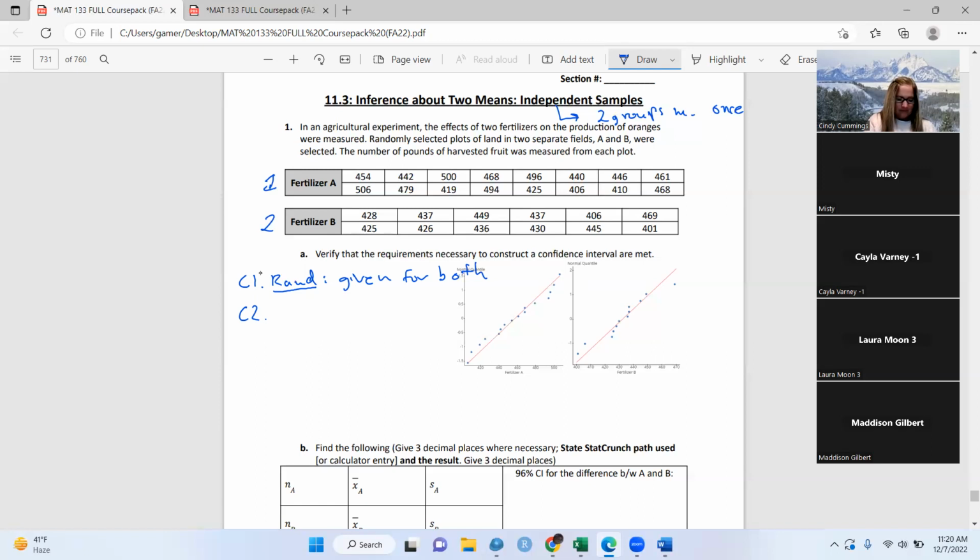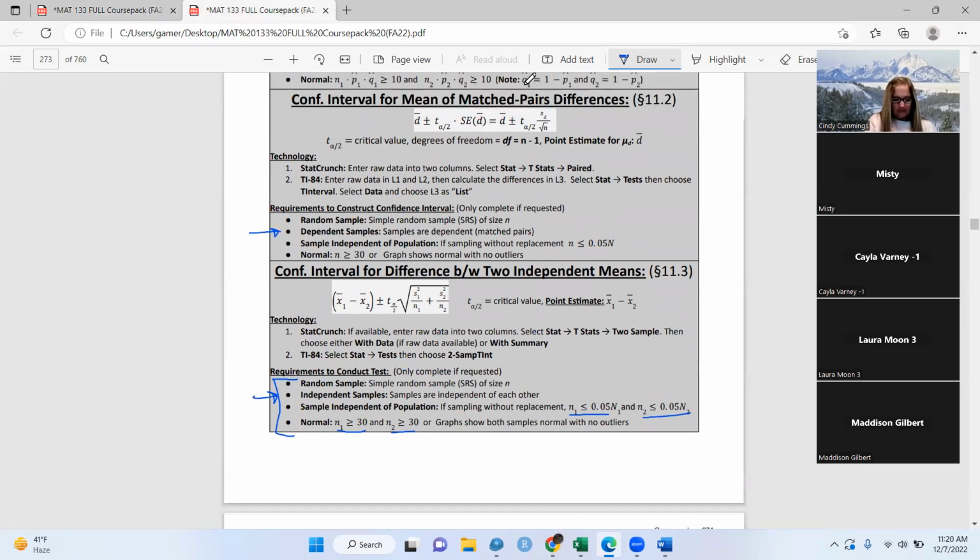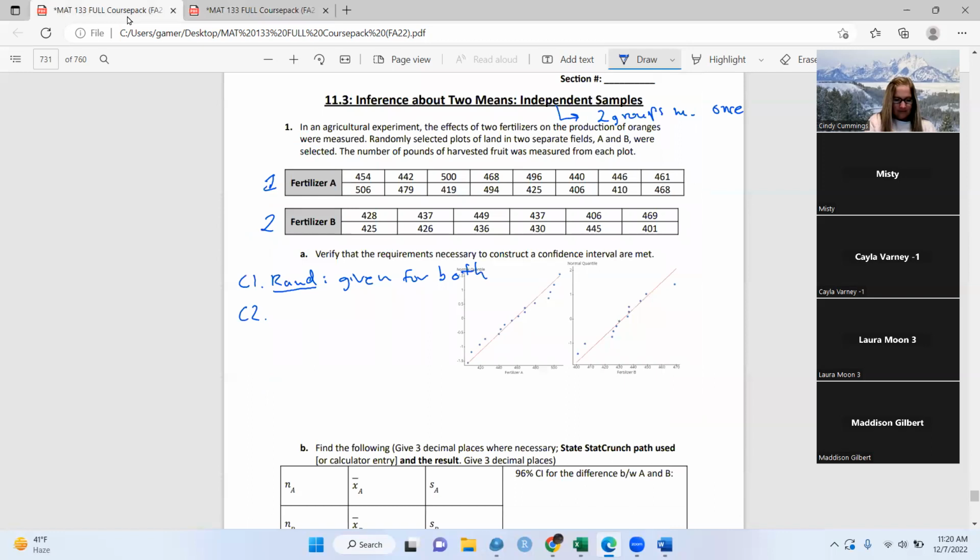Okay, condition 2 is important because it's different between these two types of sampling. Did we have dependent samples? Was it a matched pairs difference? Or is it independent means? We know these are independent means.